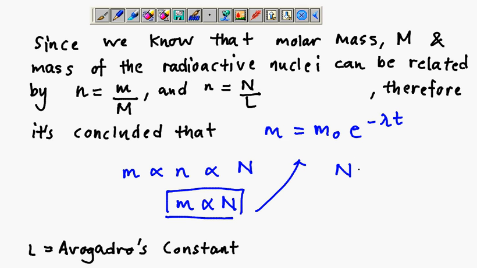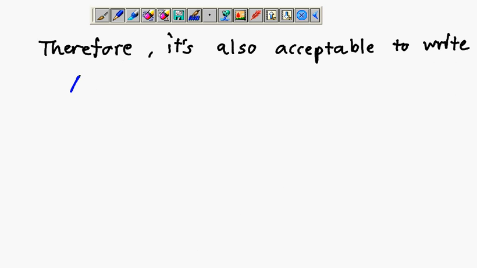Remember just now we have the formula for the number of remaining nuclei. So even the mass can be written this way: the remaining mass equals the original mass times exponential negative lambda t. If you go one step further by writing A as the activity, A is lambda N. Remember to put a negative sign.